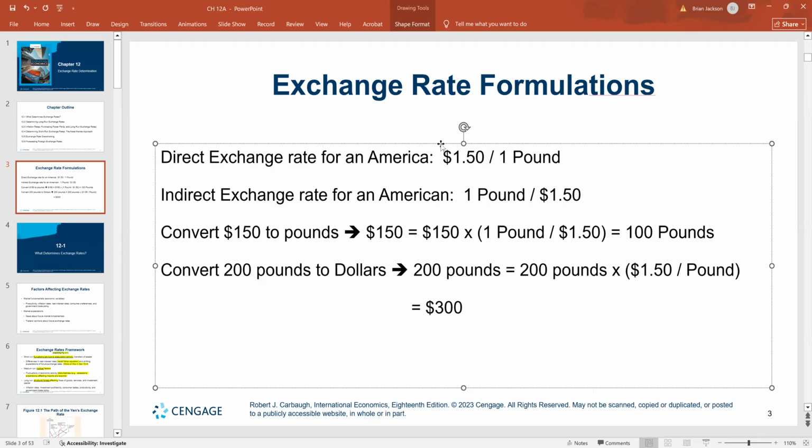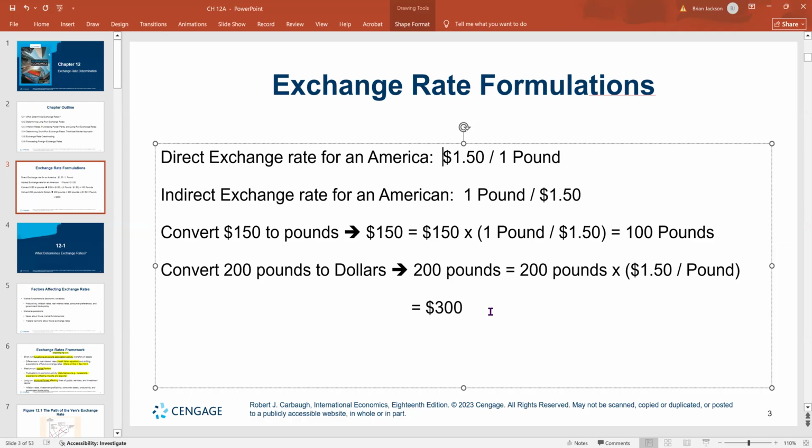If $1.50 is equal to a British pound, then the ratio of $1.50 to a British pound is really equal to one. This is a fraction that's equal to one because the numerator and denominator have the same value. They're just expressed in different units.